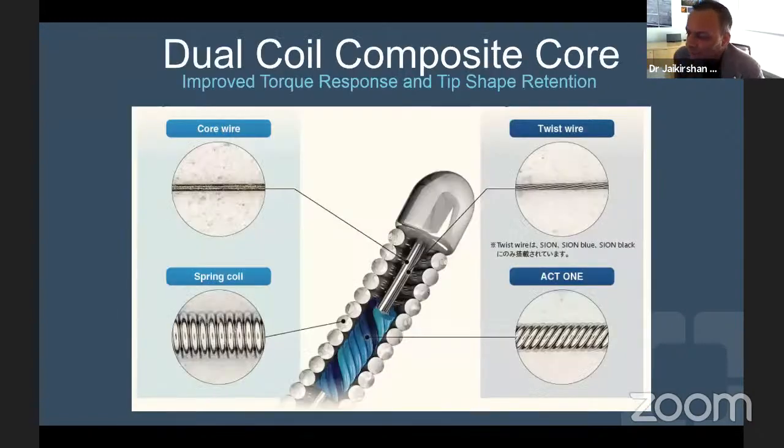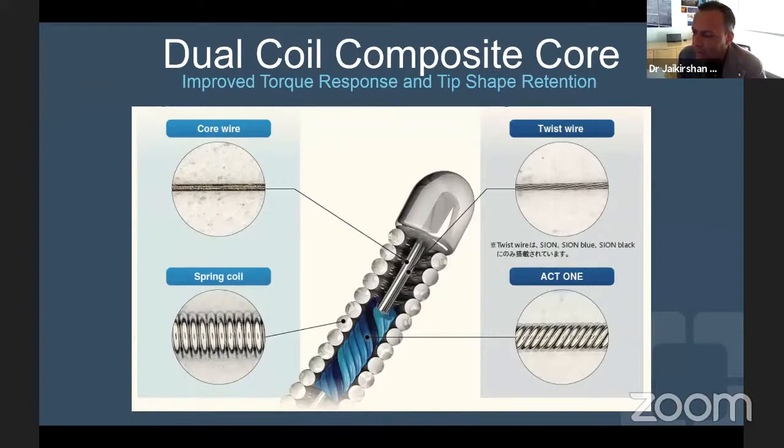What are some of the innovations that have changed wire technology? This is a slide from Asahi. They have created wires that have a composite core and dual coil technology. Basically, this means the wire has one-to-one torque: what I do on the back end happens one-to-one on the front end. It also causes the wire to have tremendous tip retention, which is really important.